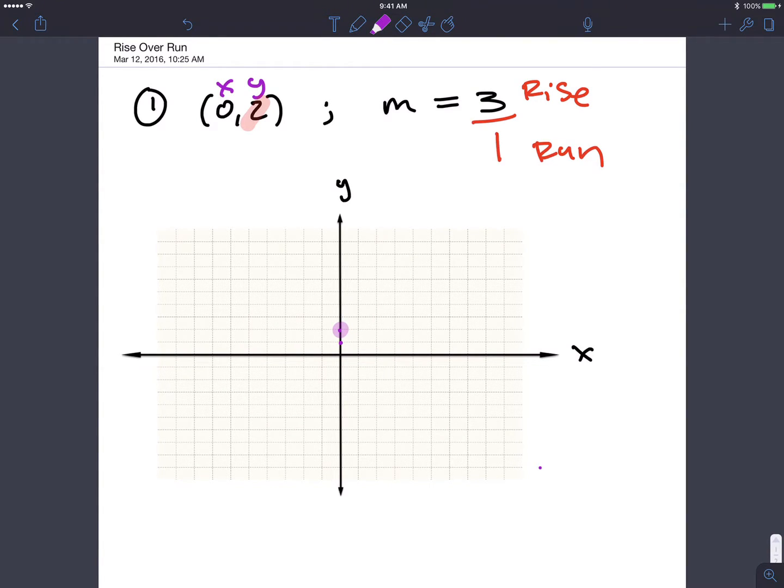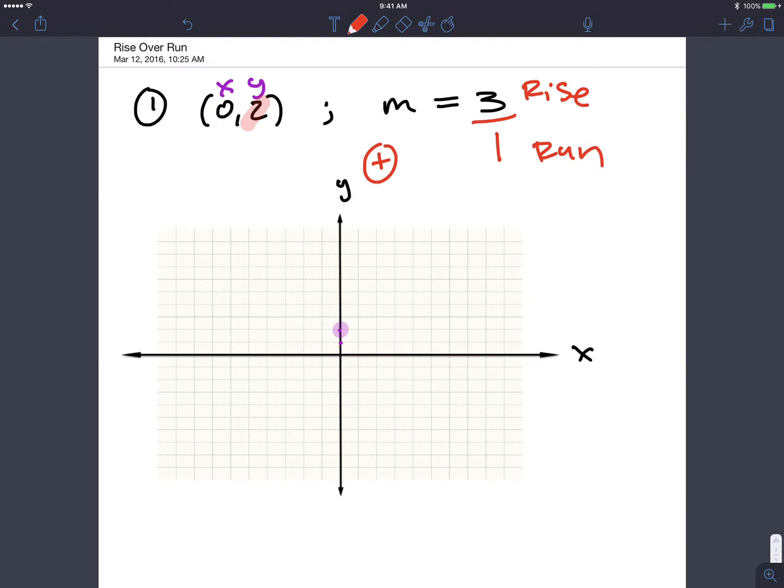2 units above, since up is positive, down is negative. Your y-coordinate value is positive 2. We go up 2. Now, that's our first point. What we're going to need to do is find the next point. Now, remember, we're going to use a rise over a run. So my rise is 3.